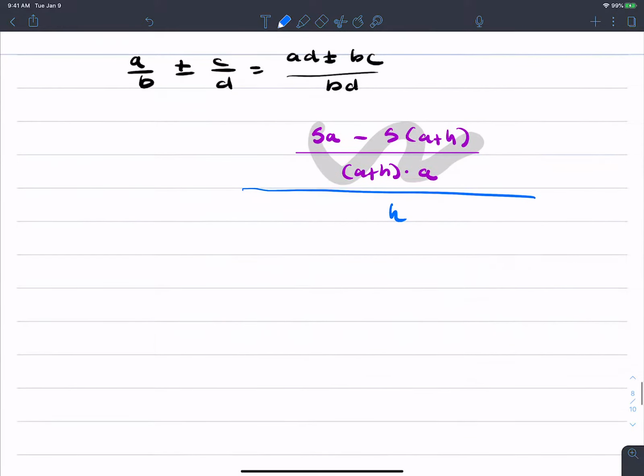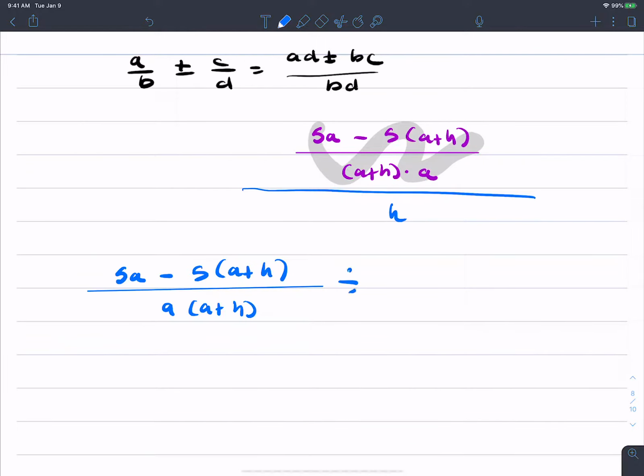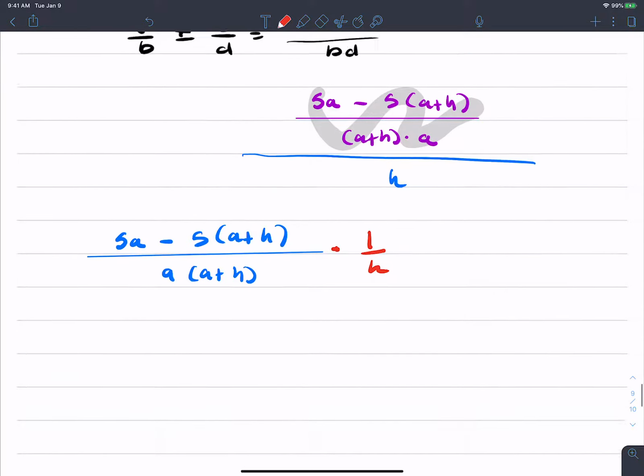So you guys know, remember what that really is. That's 5a minus 5 times a plus h over, I'm going to write it as a times a plus h. And don't forget, we're dividing by h, right? Which really means if you divide by a whole number, you're multiplying times the reciprocal.